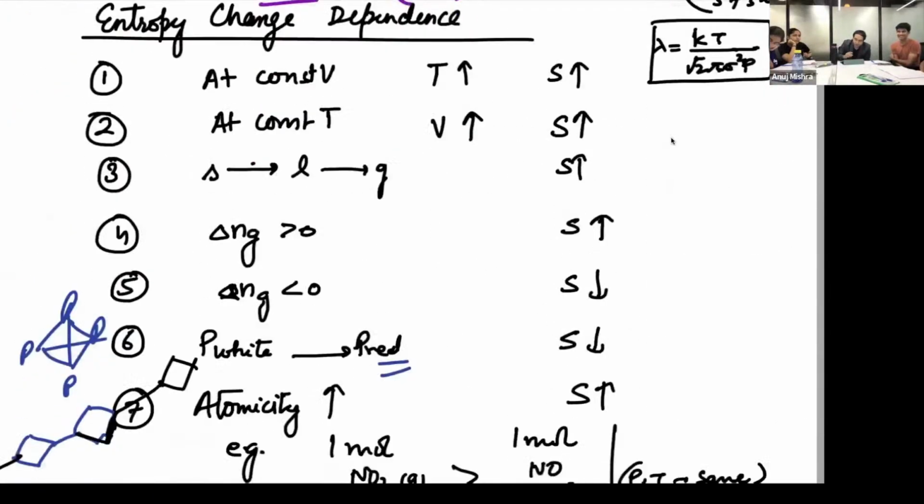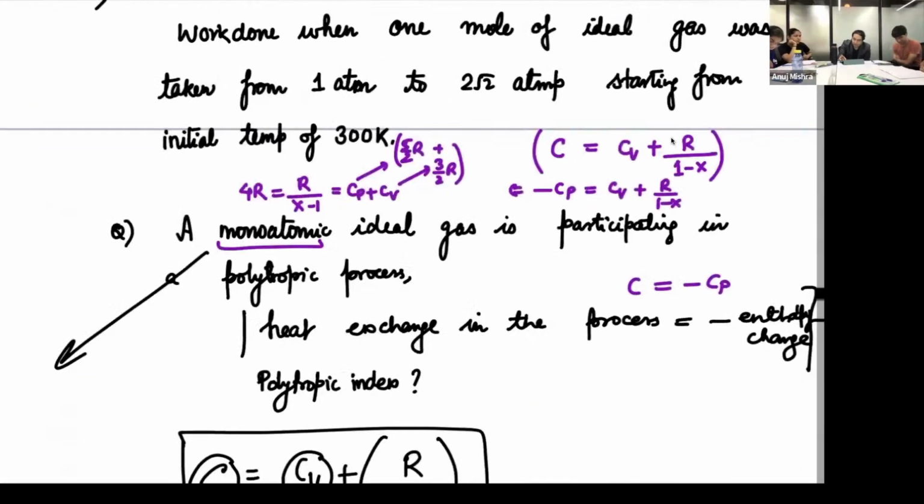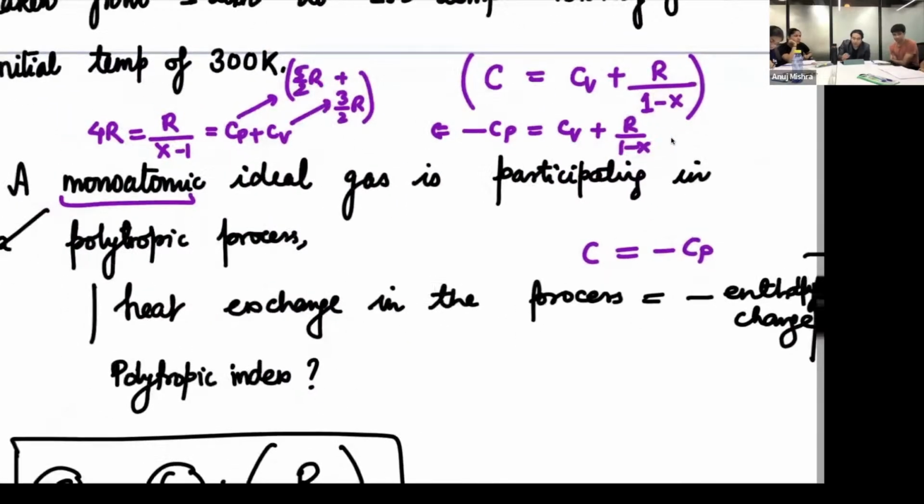Let's see a few questions. A monoatomic ideal gas is participating in a polytropic process.